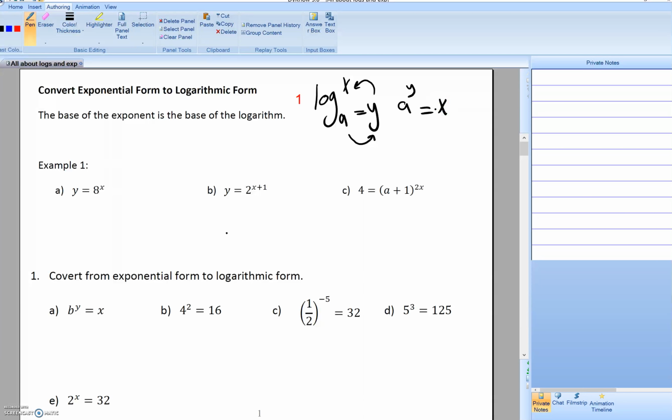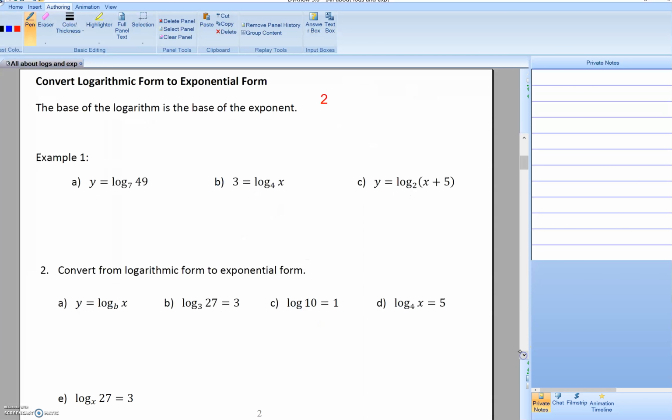For example, for this one, I can change to log y base 2 is x plus 1, because it says 2 power that is this one. Now you can pause the video, do all questions on this page, and compare with the lesson.